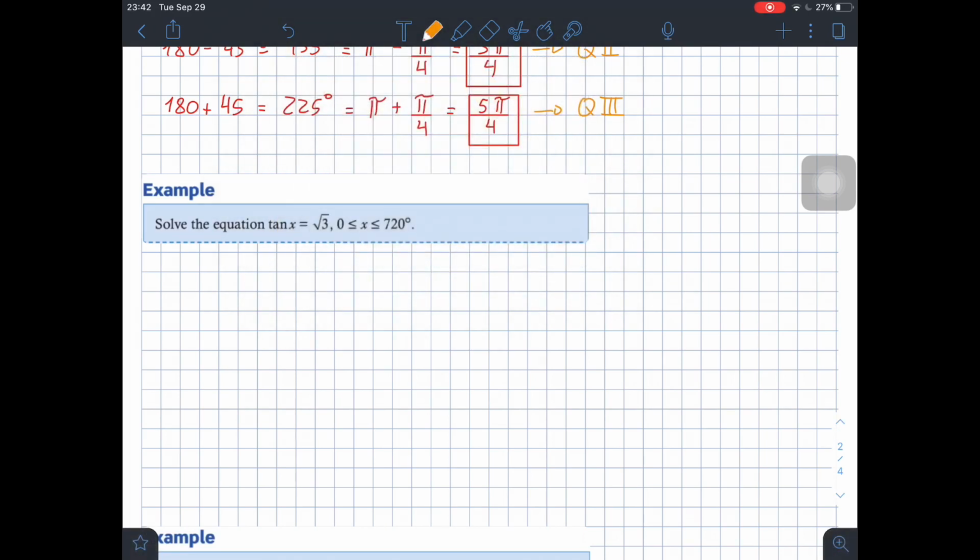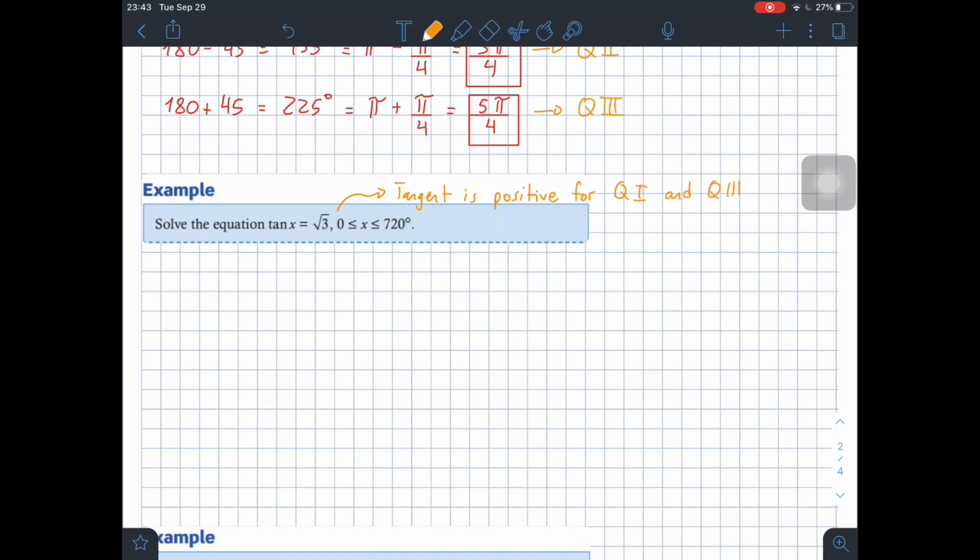So first thing I notice, we have a positive value, right? Positive square root of 3. So if you remember from the previous class, we saw that tangent is positive in 2 quadrants, in quadrant 1 and in quadrant 3.